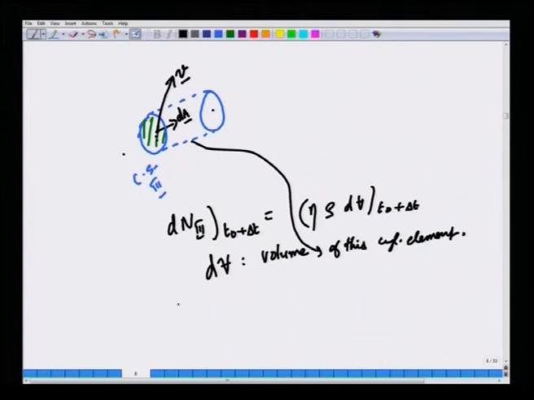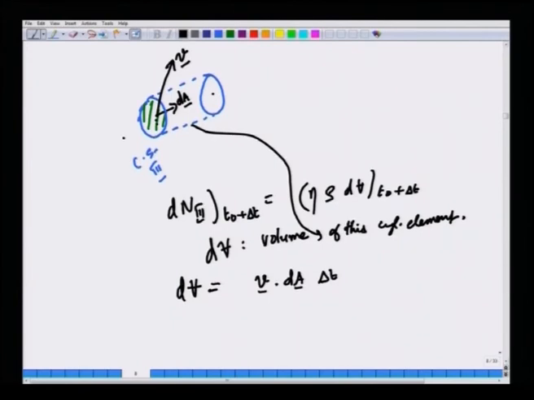So, what is dV? dV is nothing but V dot dA times delta t, because we are looking at a time delta t. So, this must be proportional to delta t, and it must also be proportional to V dot dA. It is V dot dA times delta t that gives rise to the change, the volume that is traversed by this surface as it left the control volume and reached the new surface at a later time.